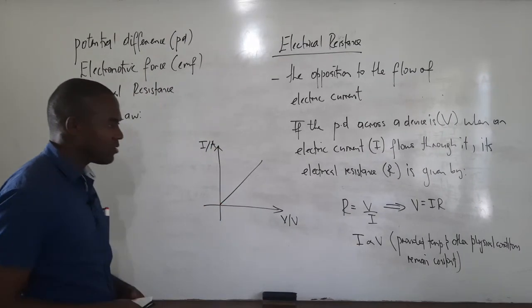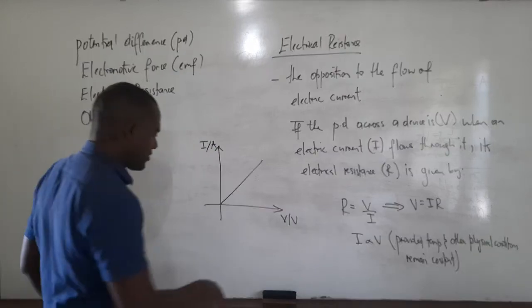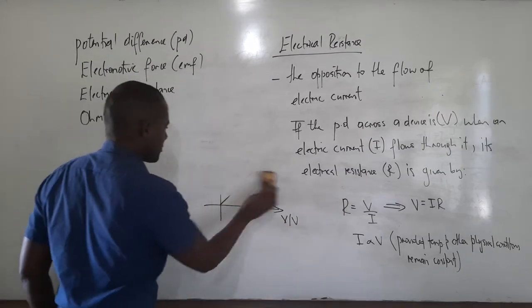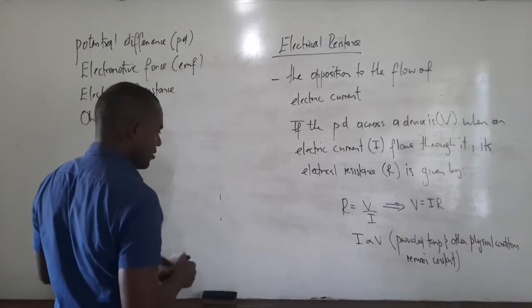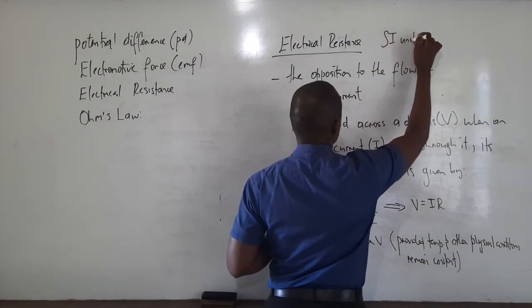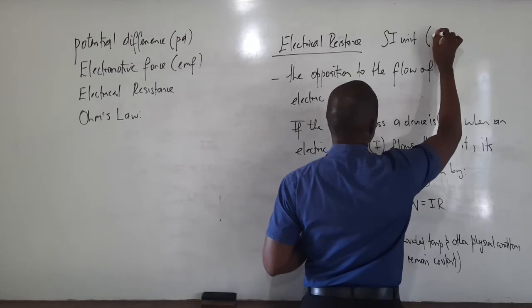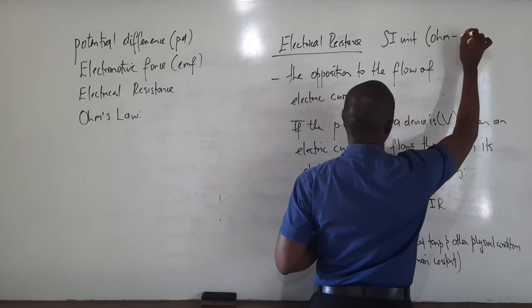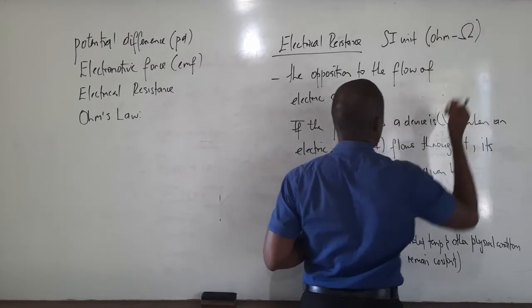Now what is the SI unit of resistance? The SI unit of resistance is the ohm, right? And the symbol for the ohm is the Greek letter omega.